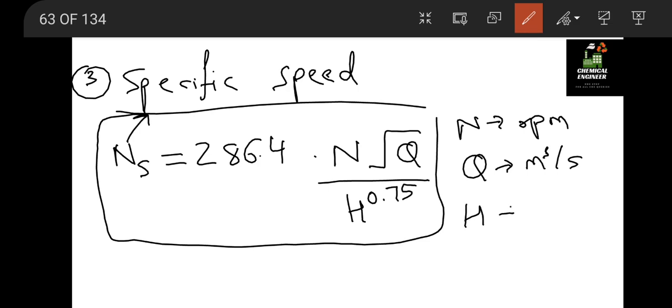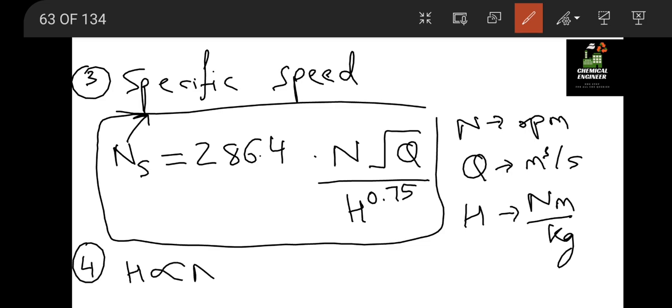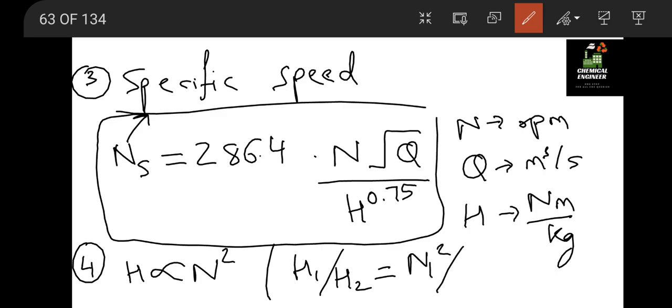H is the head, which is in Newton meter per kg. And the fourth formula is H is directly proportional to N square. So H1 by H2 equals N1 square by N2 square. Please note down this formula as well.